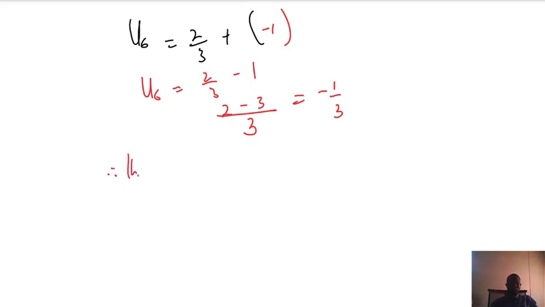Therefore the sixth term is negative 1 over 3. So this will be the sixth term of the sequence. The sixth term is going to be negative 1 over 3.